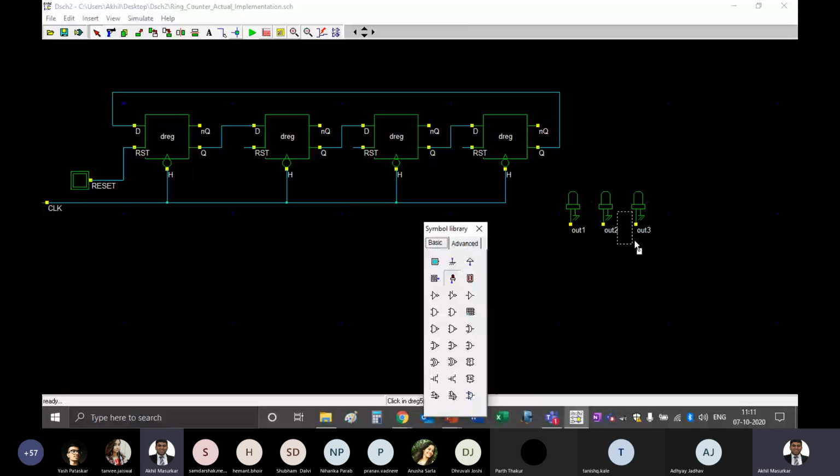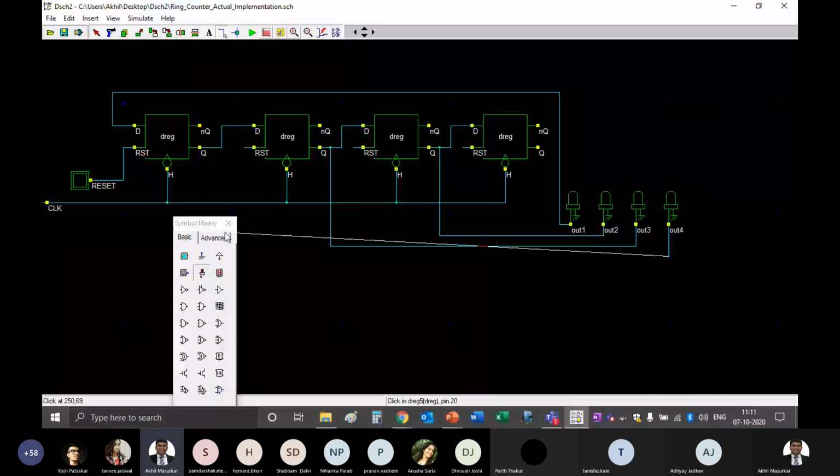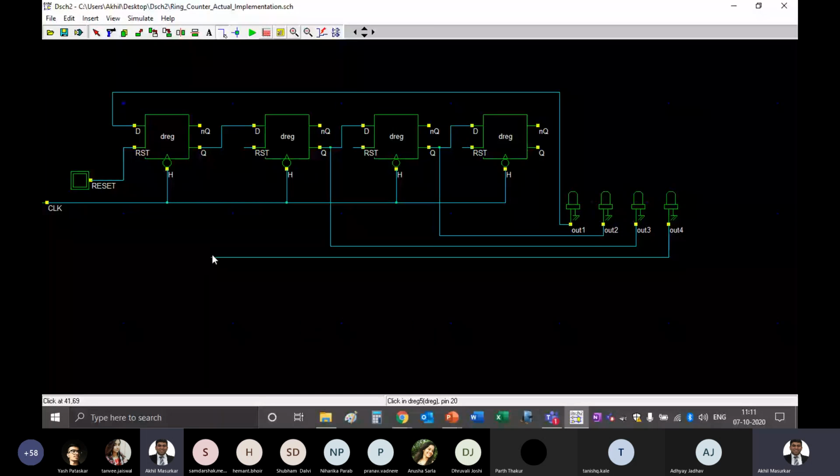Let's see what I'm doing. I'm just taking the outputs properly from the corresponding places.